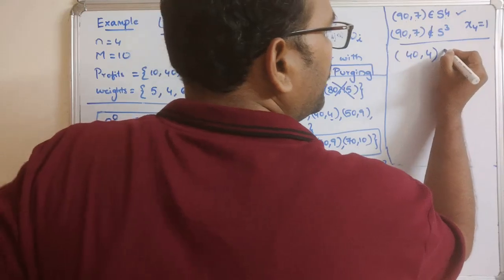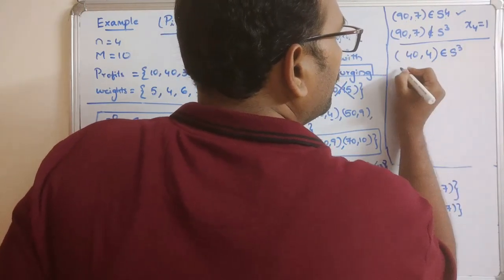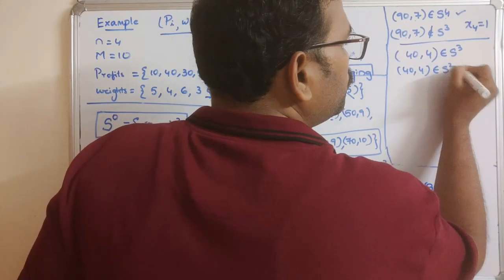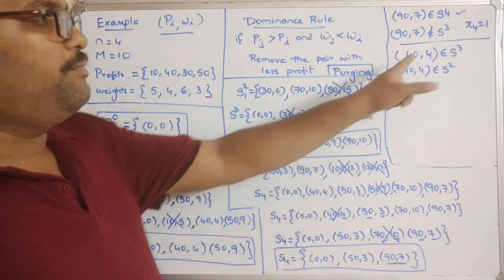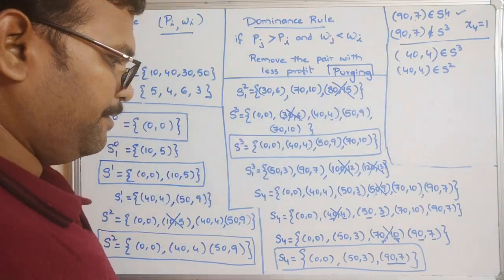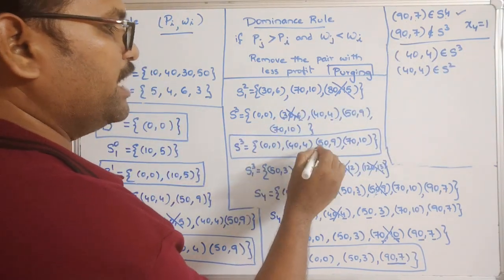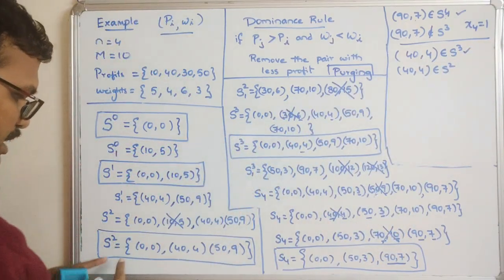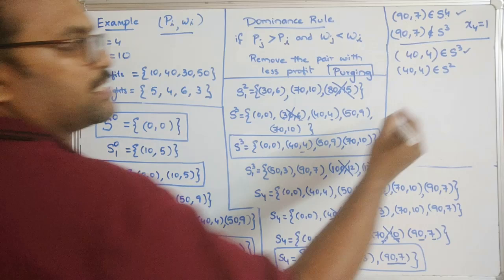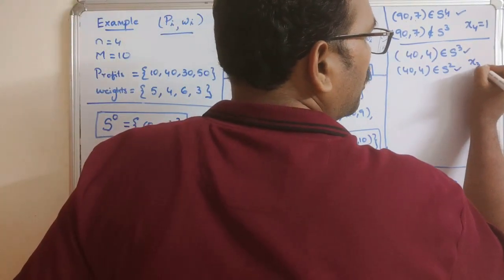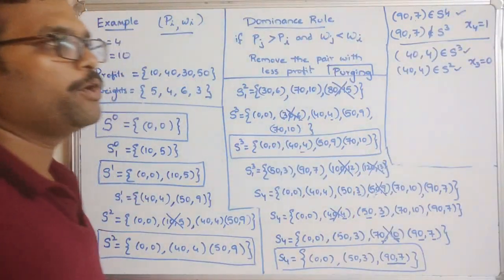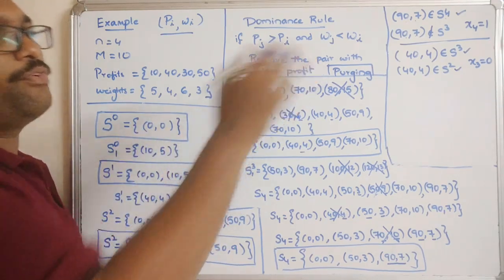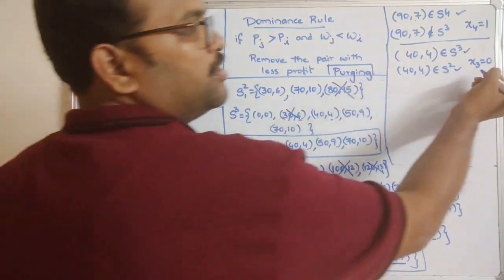Now S4 is completed; 40 comma 4 belongs to S3, and 40 comma 4 belongs to S2. Check whether 40 comma 4 belongs to S3. It is available in S2, right? So obviously we can say the third object need not be moved because both the conditions are true. In both the sets, 40 comma 4 is available, so no change.